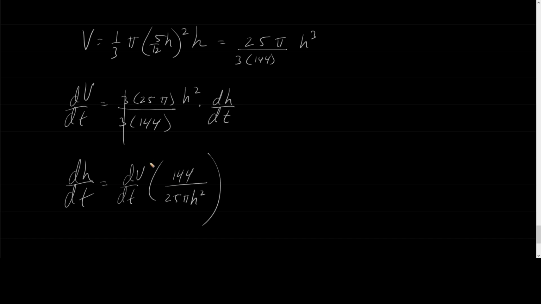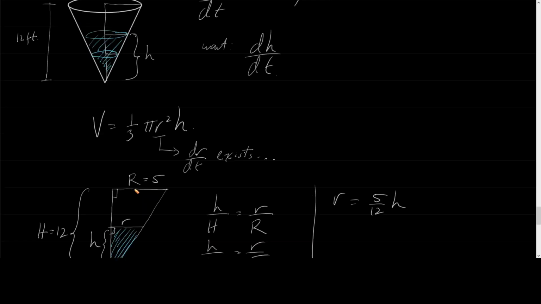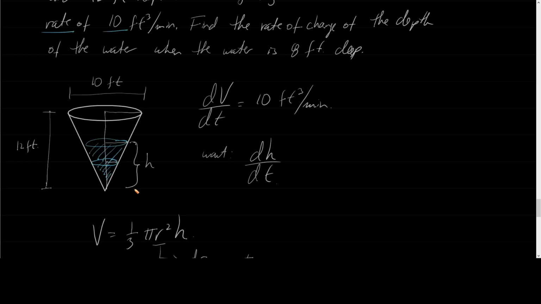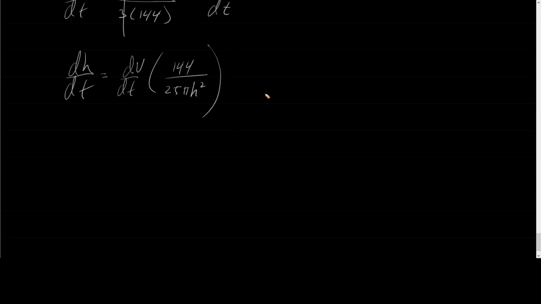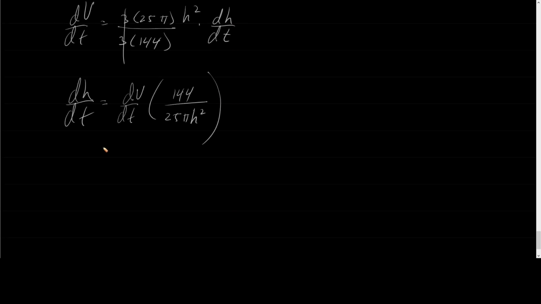The next thing, well, we know what dV/dt is, right? That was the rate of change of the volume, and that was the flow of water into this, and it is 10 cubic feet per minute. So in here, what we actually have is 10 times 144 over 25 pi times h.